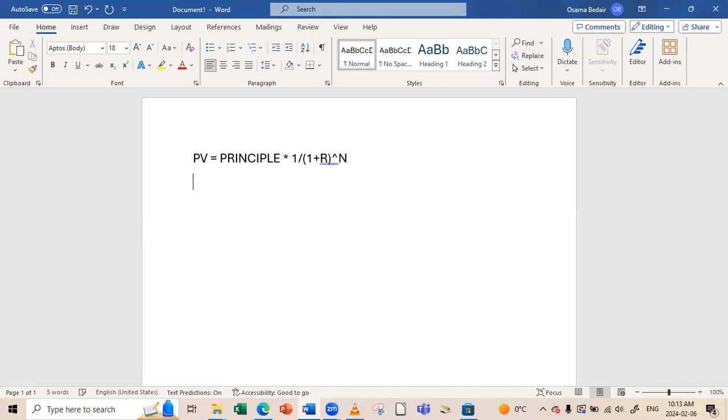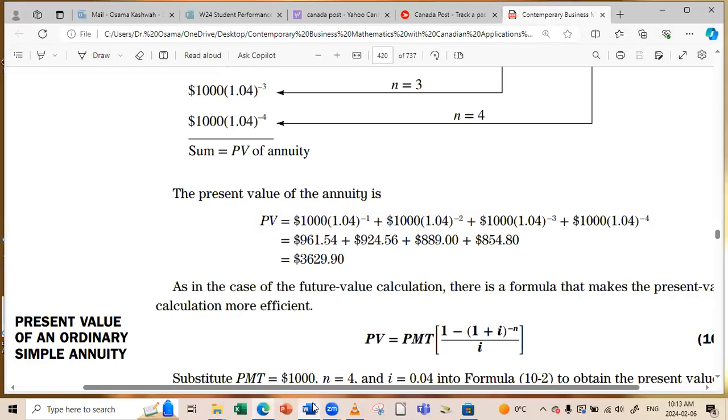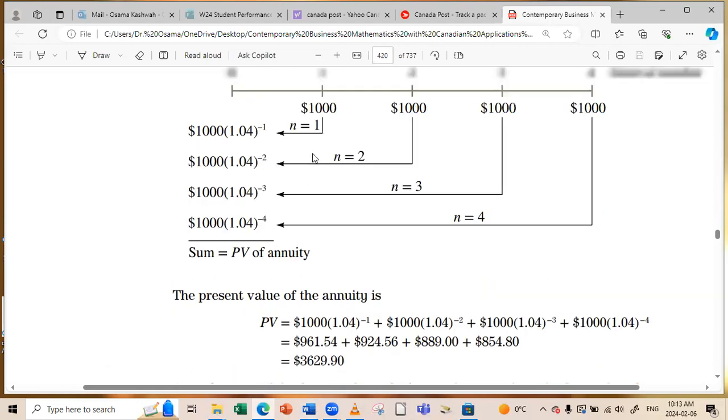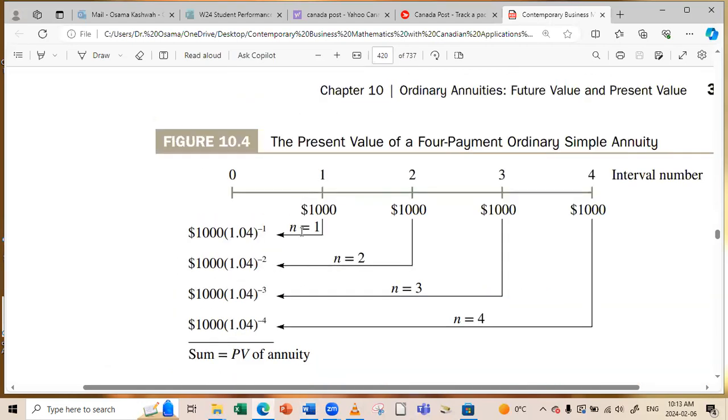So as an example, the PV for the first amount, as it looks in front of you here, is 1,000 and it's for 1 year.